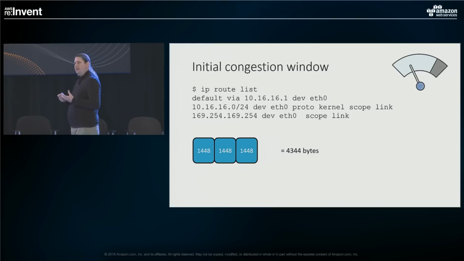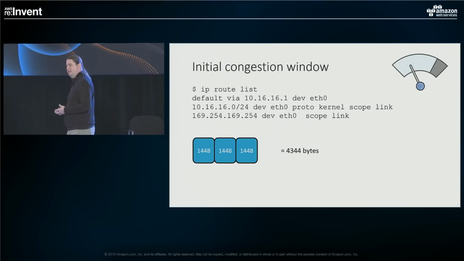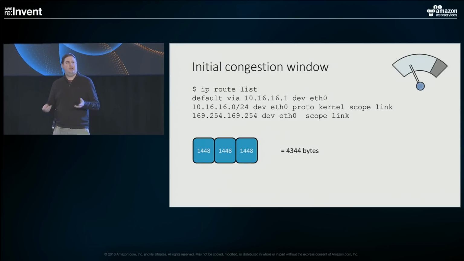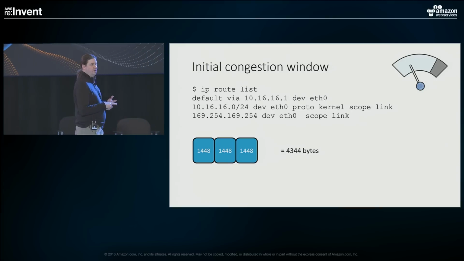So when trying to set the congestion window, the TCP congestion control algorithms have a difficult job. When they start out, they have no idea what the state of the network is. They have no idea if there's loss. They have no idea what the latency is. All they know is they have this destination address that they would like to send some packets to.